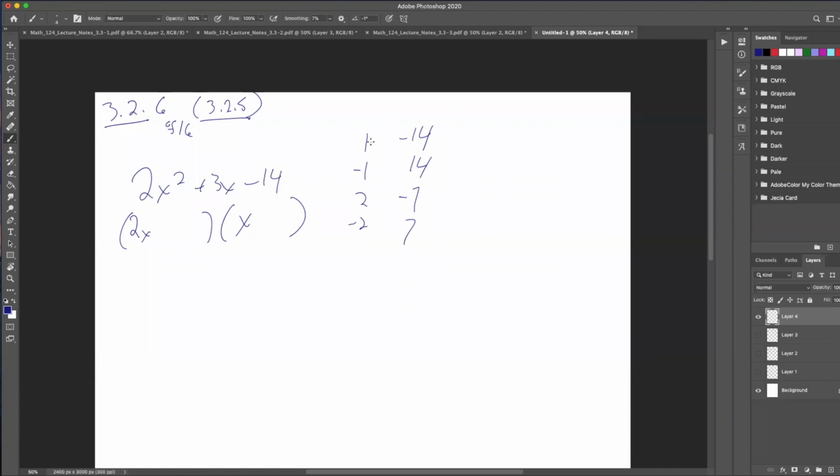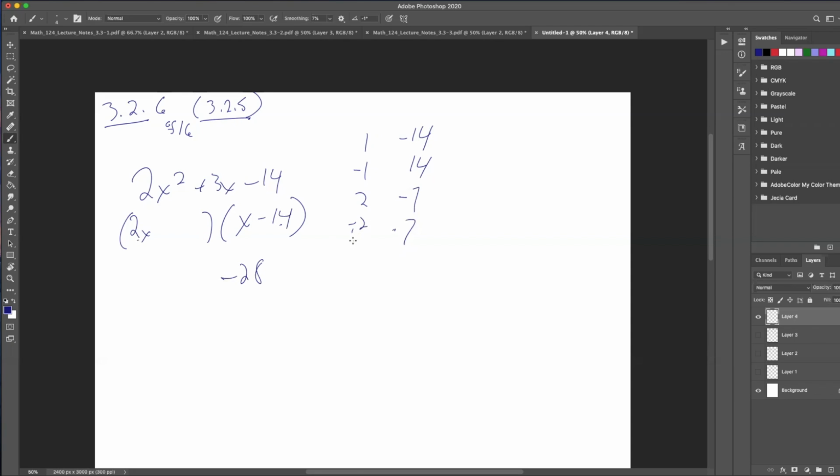All right, so one way of doing it is I want to get to positive 3. So my guess is I'm going to have a plus 7 somewhere and the minus 2. Because if I had minus 14 here, when I multiply these two together, I'm at minus 28.